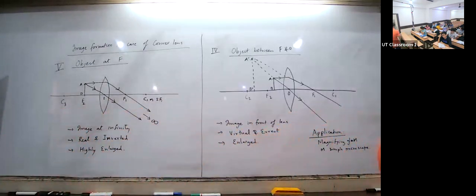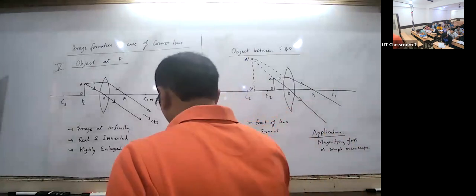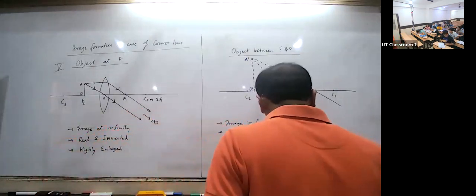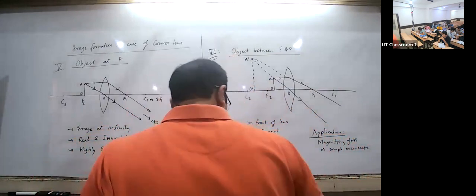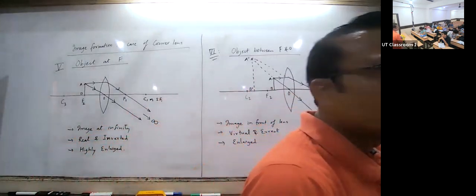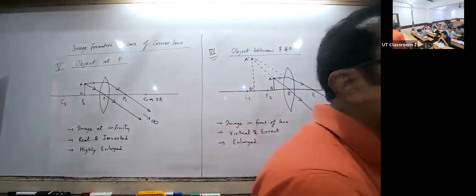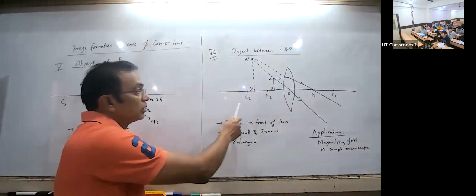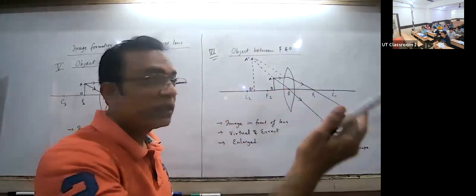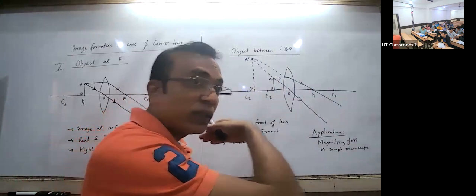All right. So any questions regarding image formation by convex lens? So this is 6. One second. Huh? This is 6. Bolo. For object between F and O, it's okay, as long as it is in front of the lens, it's fine.